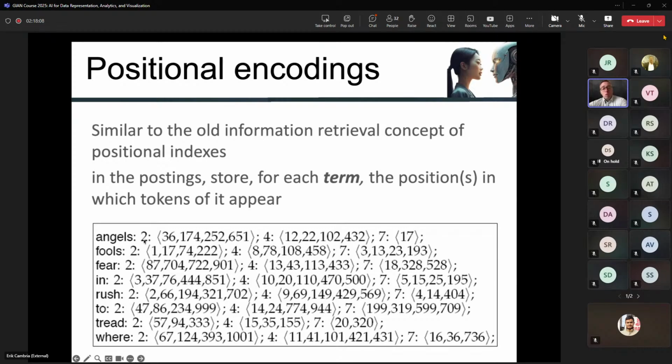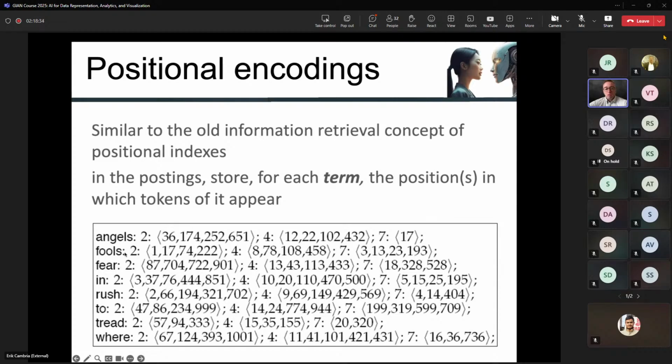For each document, we save not only the frequency of how many times a specific word appeared, but also where exactly in that document it appeared. So this is actually also a very old concept in NLP and information retrieval. And it's just giving numbers to each word in a document.